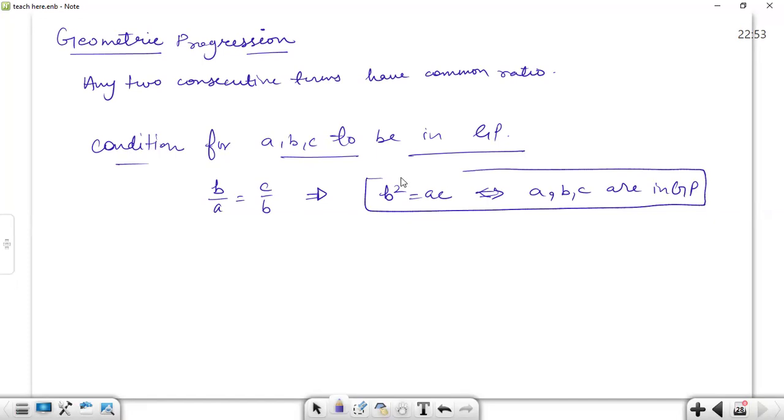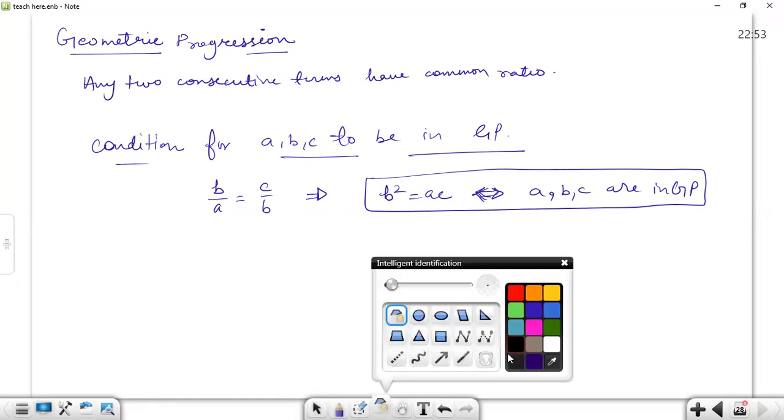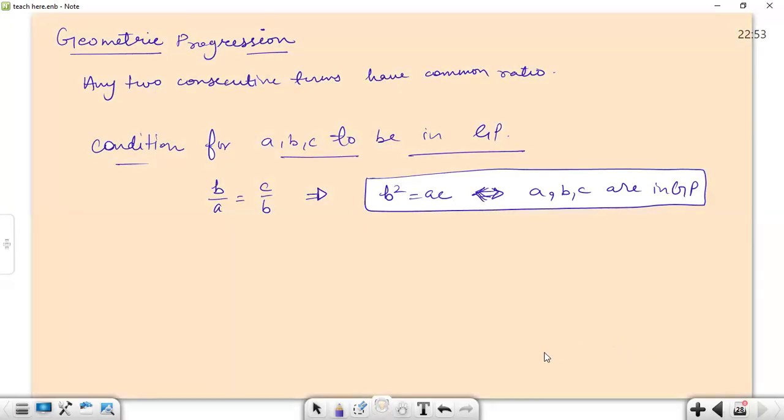It's true on either side. Are you clear with the condition of geometric progression? Everything clear?